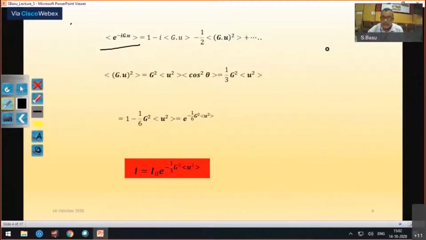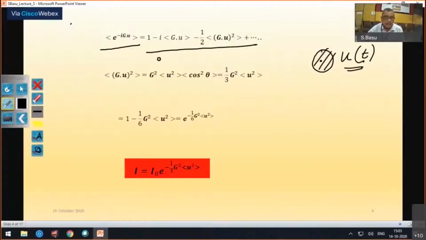The thermal averaging is needed because this is a fixed lattice point, but due to thermal motion there is vibration around it. u(t) is this magnitude, and I expanded the exponential term like this, in which I wrote 1 plus x, plus x squared by factorial 2. x is minus i g dot u, so it is minus i g dot u, minus half of g dot u squared. Since u is symmetric in time, the average value of g dot u, which is g u cos theta, gives 0 because it oscillates equally in all directions.